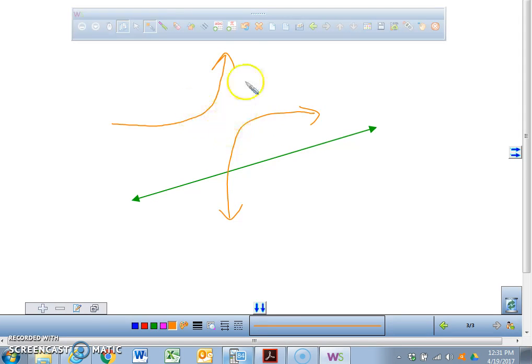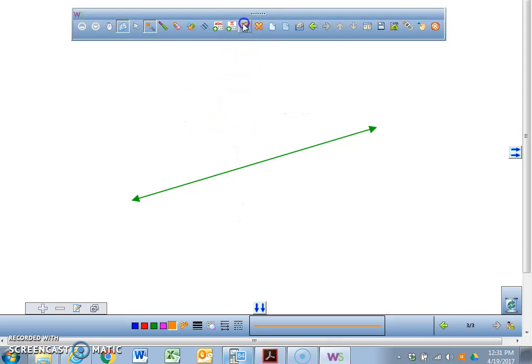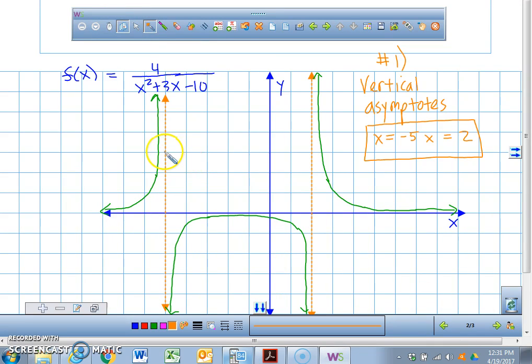That's called discontinuity. So another way of thinking about it, would this be considered continuous? Like that. This is a parabola. That would be continuous. Okay? So the asymptotes, let's go back, right here, kind of separate the graph into three sections in this particular case.